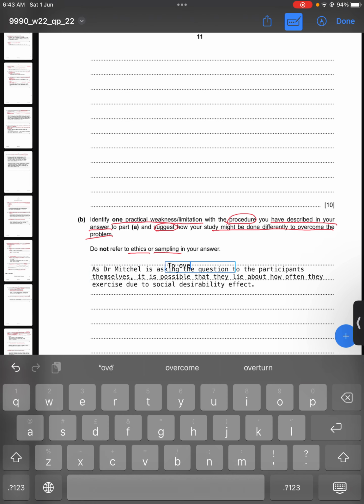And then to overcome this limitation, Dr. Michel could observe the participants over 2 to 3 days to see how often they indulge in exercise.